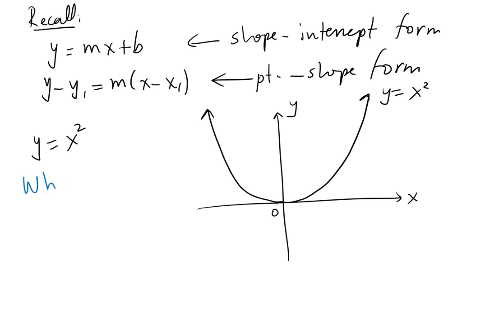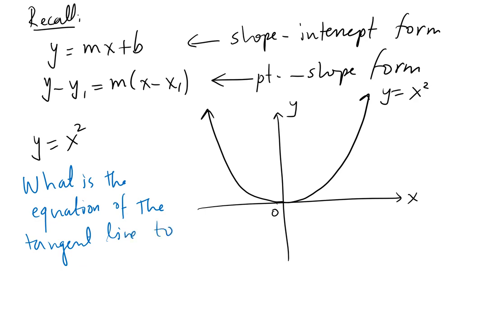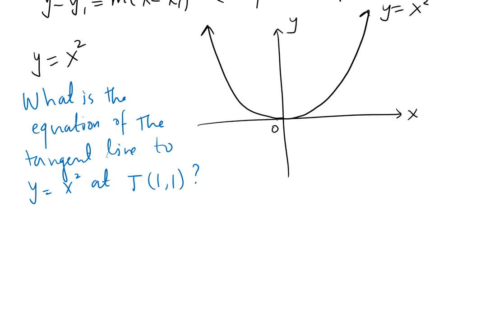Let's say we are asked to find the equation of the tangent line to the graph of y equals x squared at the point T, say (1, 1). There's a tangent line here, I'm going to draw it in green. This is point T.